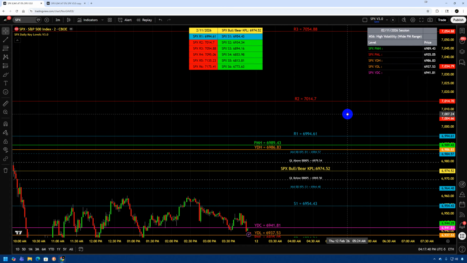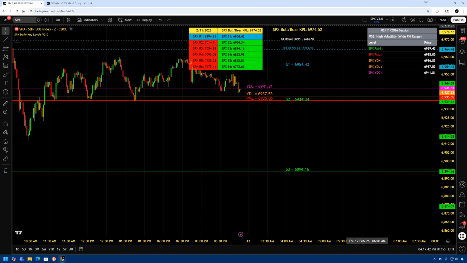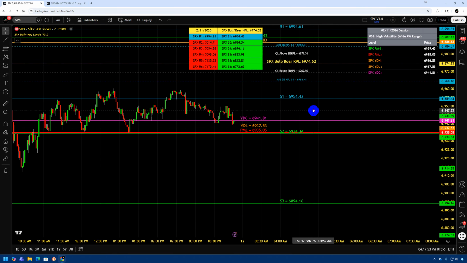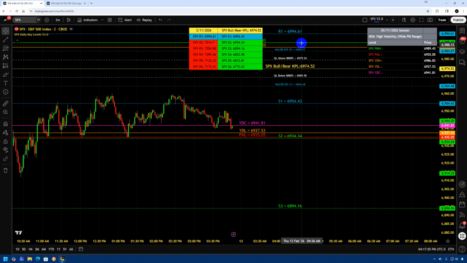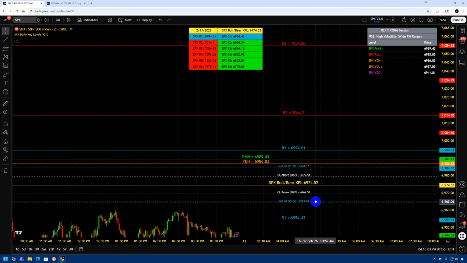when you get past R2 or you get below S2, the levels become a lot more spaced out. So just so you understand, the 85% is still going to be 85% of this base level. It's not going to be 85% of S2 to S3 or R2 to R3.